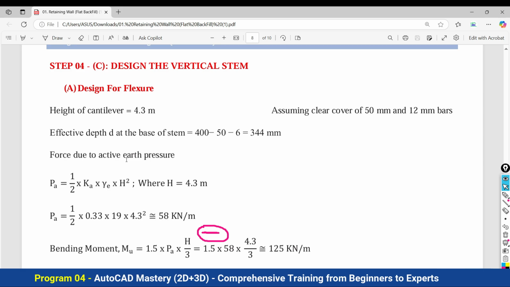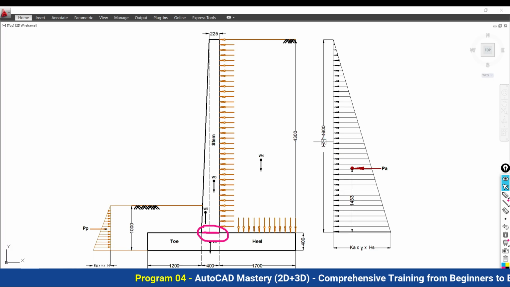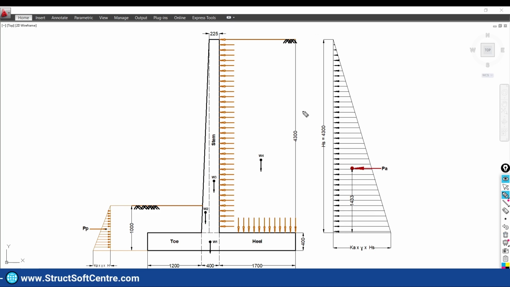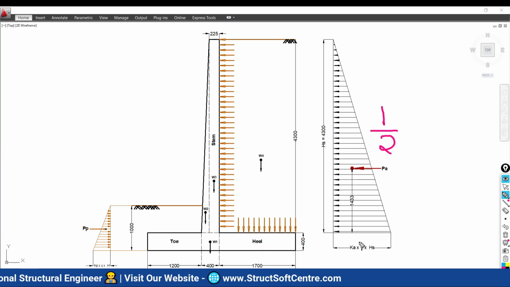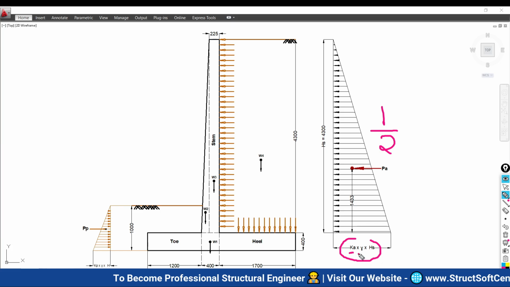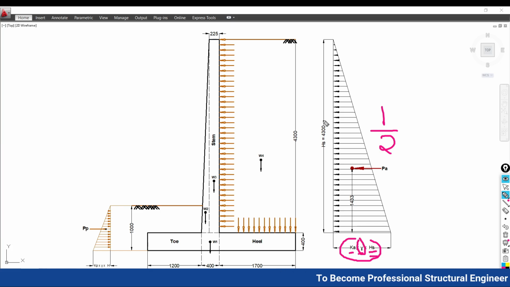Now, force due to active earth pressure. Earlier I have explained that due to this lateral force of the soil, the pressure is going to act on your cantilever portion, and that is similar to the area of this triangular stress. So 1 by 2 times base, where the base is your coefficient of active earth pressure multiplied by density of your soil multiplied by height of your stem, and this is the height.